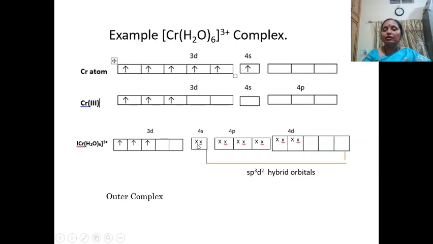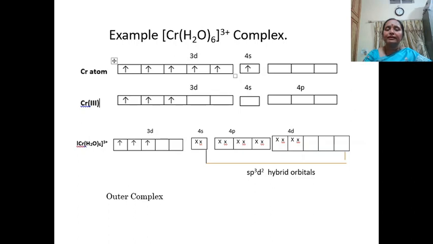So it uses 2 vacant 4d orbitals, 1 4s orbital and 3 4p orbitals, undergoing sp3d2 hybridization, and these hybrid orbitals which are formed are oriented in an octahedral geometry, and the 6 pairs of electrons, one from each water molecule, are going to overlap on the hybrid orbitals, forming a hexaaqua chromium 3+ ion complex. As it is using the 4d orbitals, not the 3d orbitals, this is going to be an outer complex.